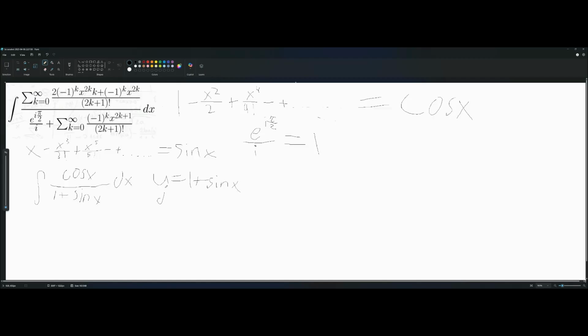And then that lets us know that du is just equal to cosine of x, which we have right here. So now we just have the integral of 1 over u du. That just evaluates to natural log of u plus c. And the final answer to this integral is just the natural log of 1 plus sine of x plus c.